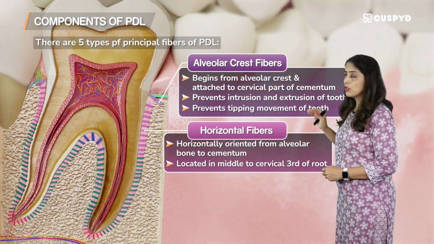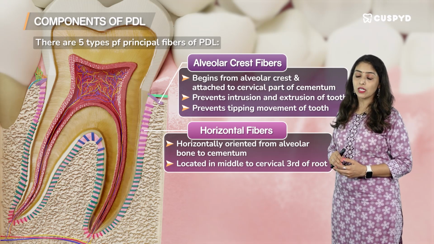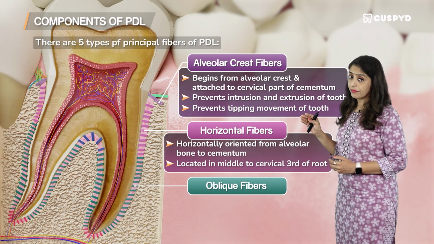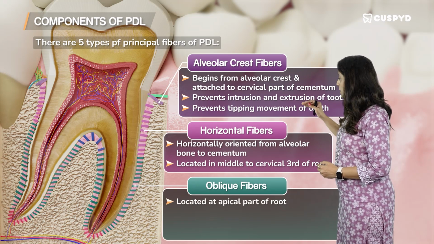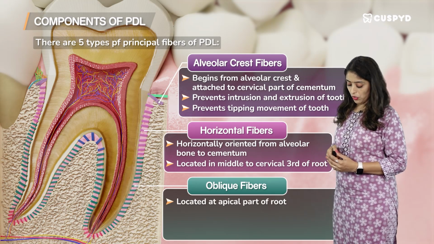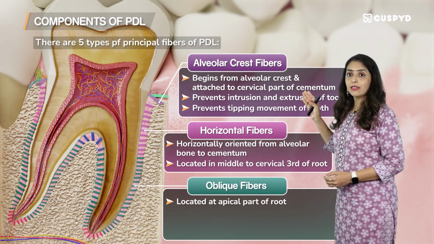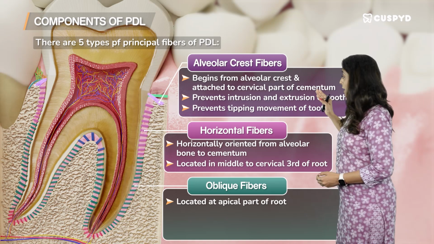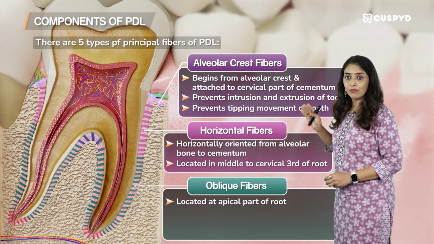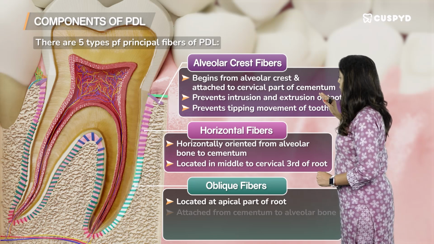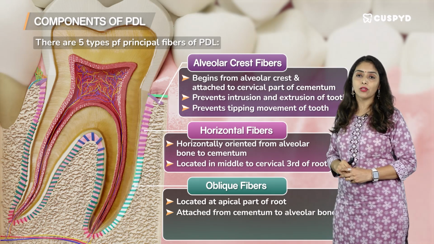In the lower part of the root, you have a very different fiber again, which is called oblique. Now, these oblique fibers again are located from the cementum to the alveolar bone. So, if you look at this picture here, you can see that the direction of the alveolar crest fibers is from the crest of the alveolus to the cementum, but the direction of the oblique fibers is from the cementum to the alveolar bone.